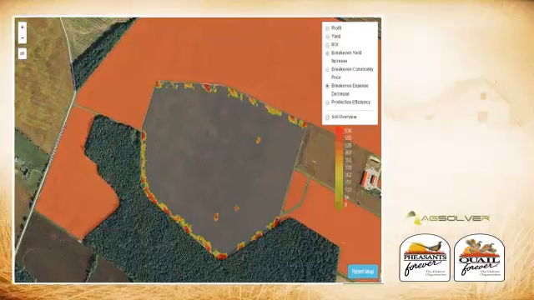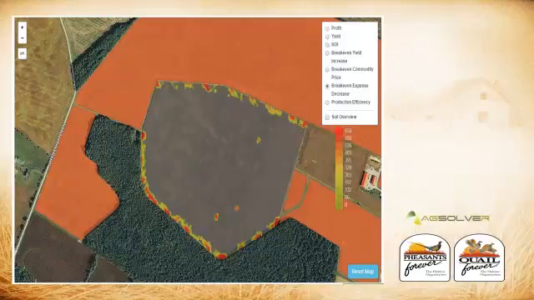Another one we can look at is the break-even expense decrease. In those same areas where I'd have to increase my yield 106 bushels, I'd have to decrease my inputs by $650. Again, I don't know of a hybrid that can help me do that. I don't know of a technique. So we definitely have some problem areas out here that we want to address.